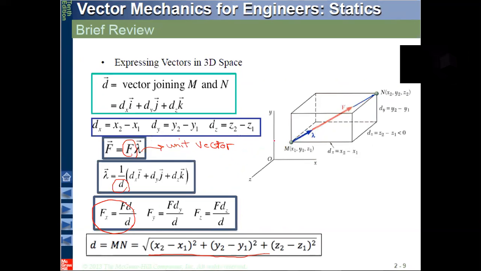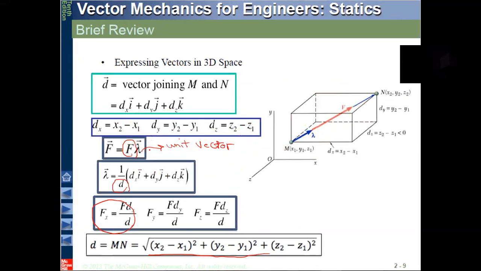Well, you know that the joining vector between M and N is equal to dx i, dy j, dz k, in which dx is x2 minus x1, dy is y2 minus y1, and dz is z2 minus z1. This is the vector that connects M to N.